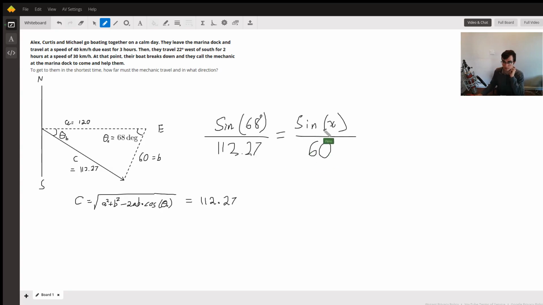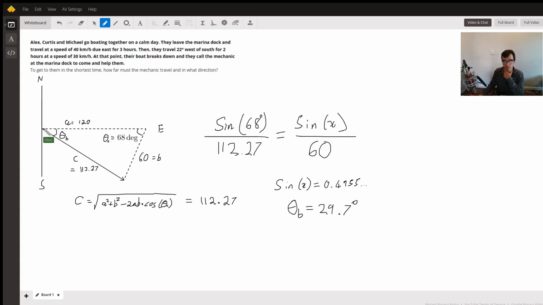Rearranging this, we can find the sine of x, which is equal to 0.495, etc. And using the inverse sine function on your calculator, you should be able to calculate that this x, which is just theta B, the direction they have to go in terms of an angle of this triangle, is going to be 29.7 degrees.